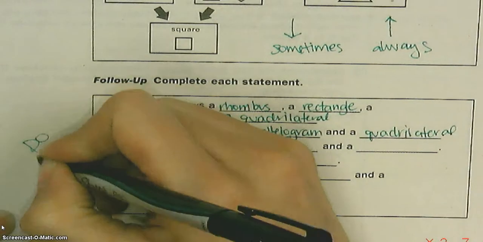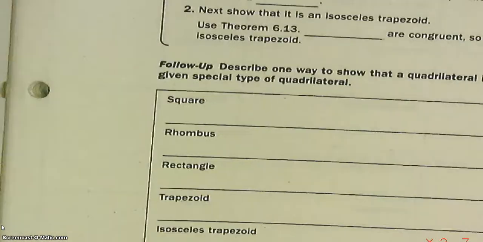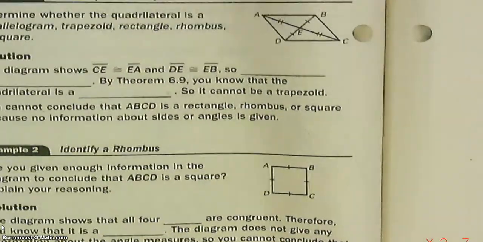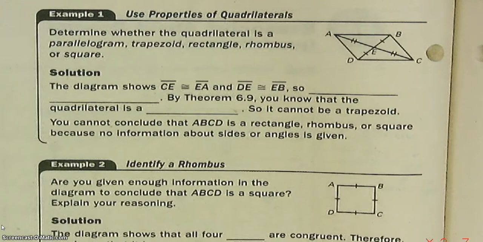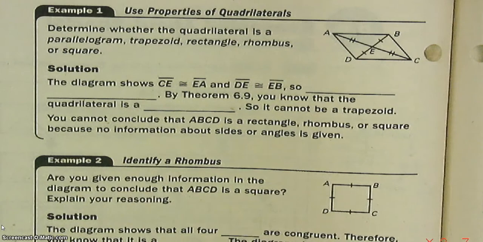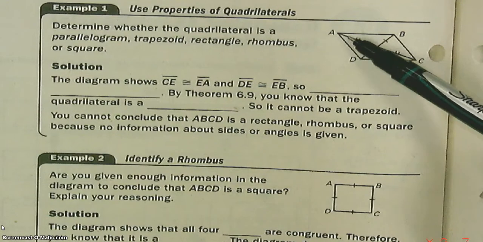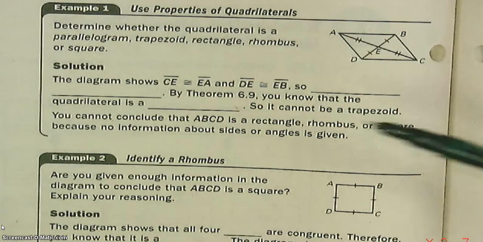So I want you to finish this now. Determine whether the quadrilateral is a parallelogram, trapezoid, rectangle, rhombus, or square. So what we have going on here is I see the diagonals are cutting each other in half.